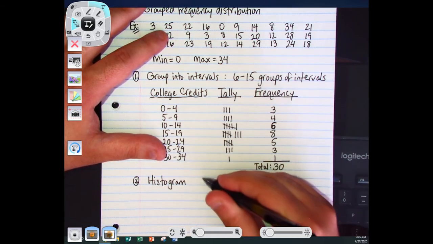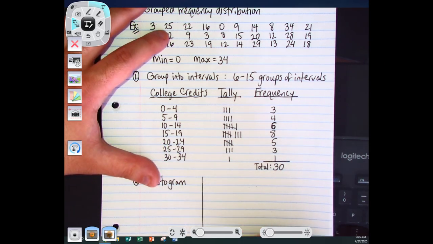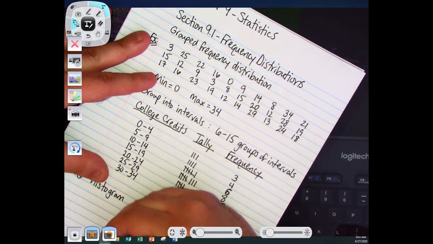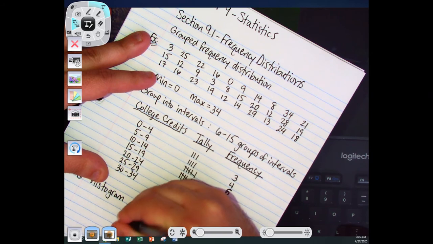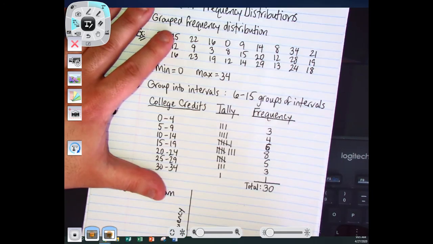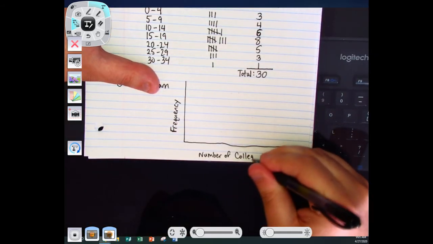So when I create my histogram, we have our x-axis and we have our y-axis. The y-axis is going to represent our frequency. The x-axis is going to represent the number of college credits.